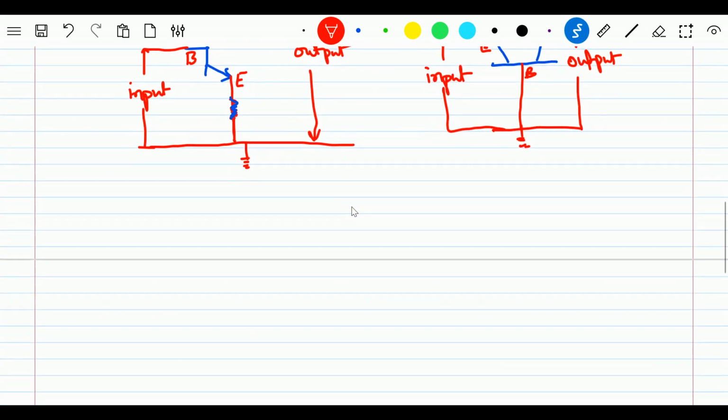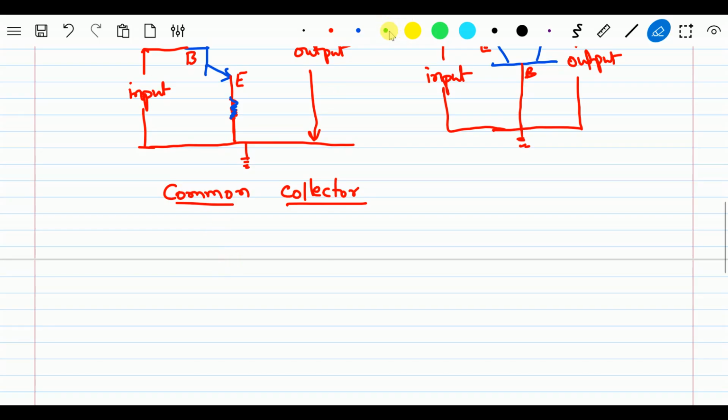Now I hope it is very easy for you to tell the common collector configuration. It's quite simple now. In common collector, the collector terminal will be connected directly to ground. This is the base, which is where the input is given.